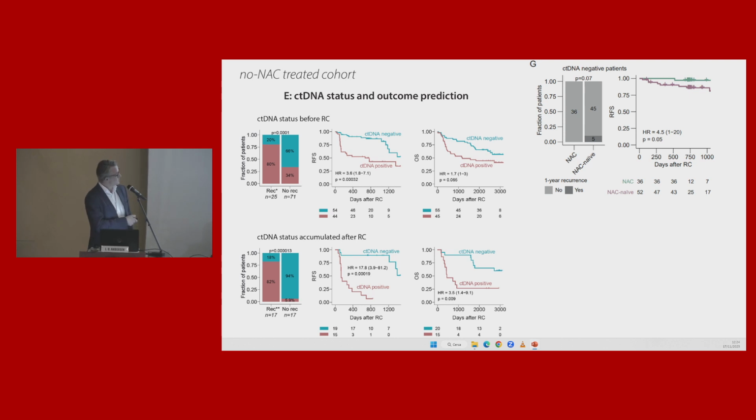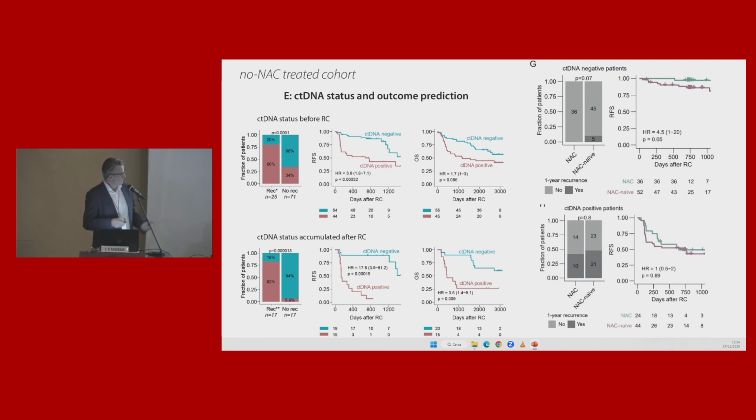But when we do this, we can see that the recurrence event in the NAC-naive cohort is 5% compared to 0% in the NAC-treated cohort in one-year recurrence rates. But it's not really significant. So there's no significant difference in recurrence-free survival here.